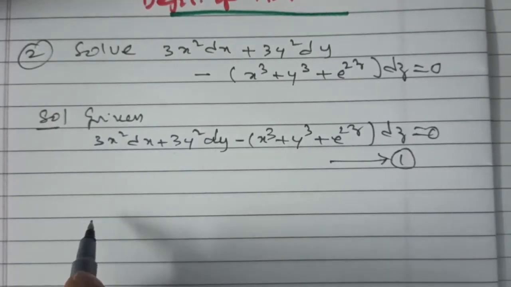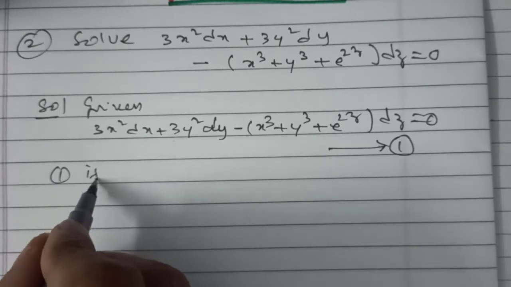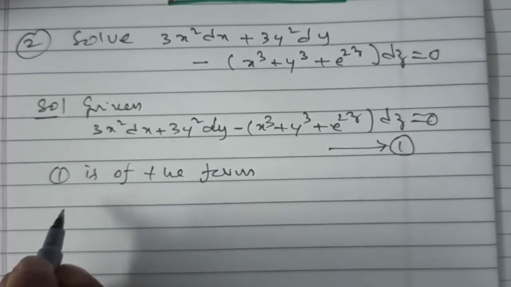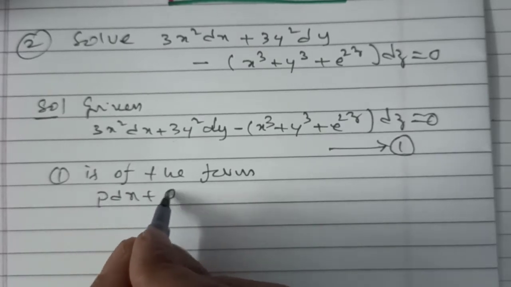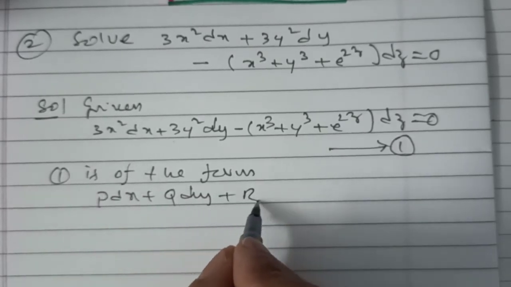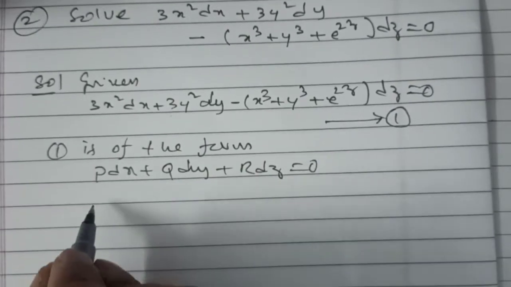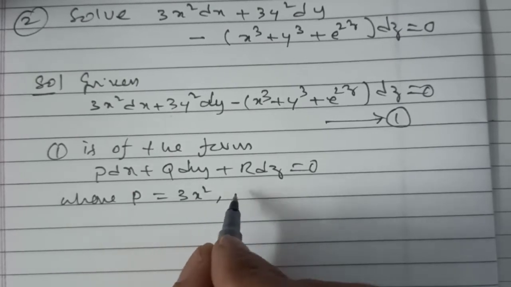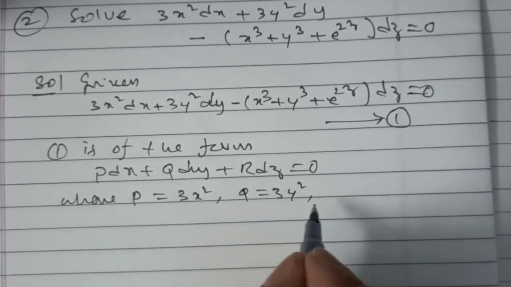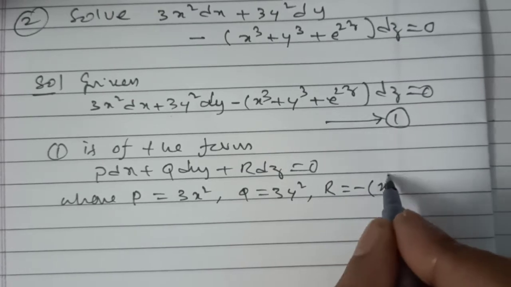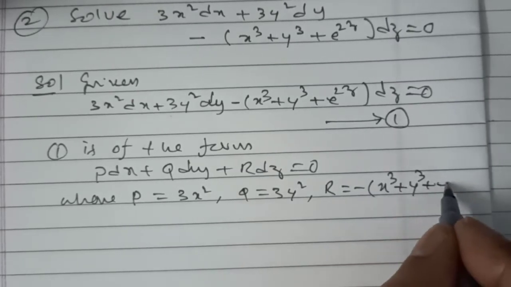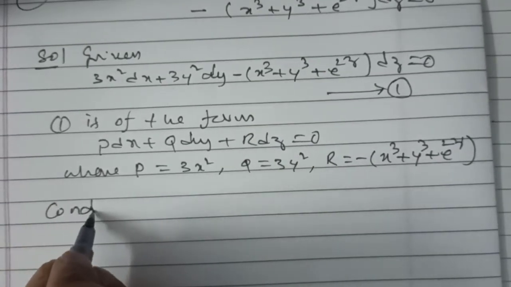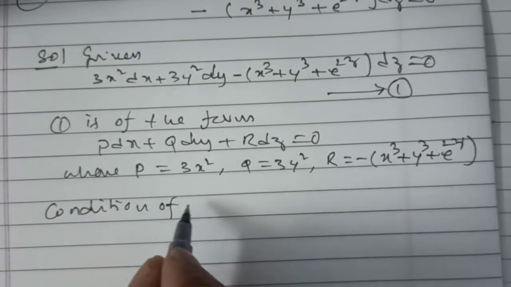It is of the form p dx plus q dy plus r dz is equal to 0, where p is equal to 3x square, q is equal to 3y square, r is equal to minus of x cube plus y cube plus e power 2z. Next, condition of integrability.